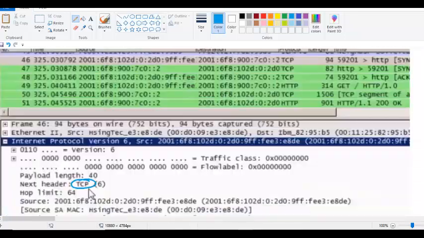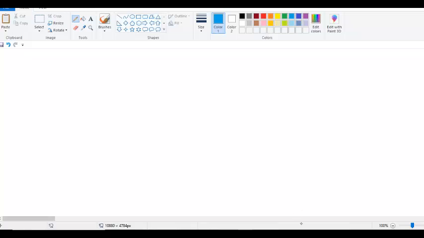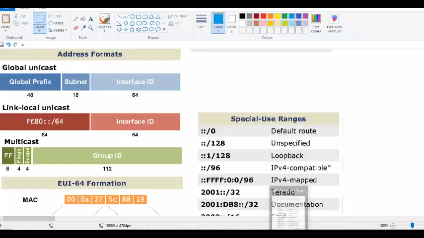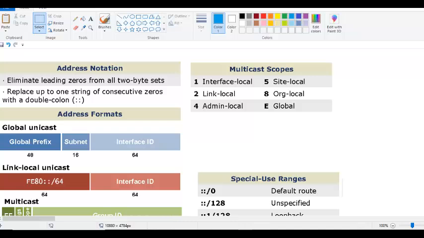in the previous class I said IPv6 is 128 bits in size, and it is broken into 8 groups, each group of 16 bits. In other words, each group of 4 hex digits, separated by colons.